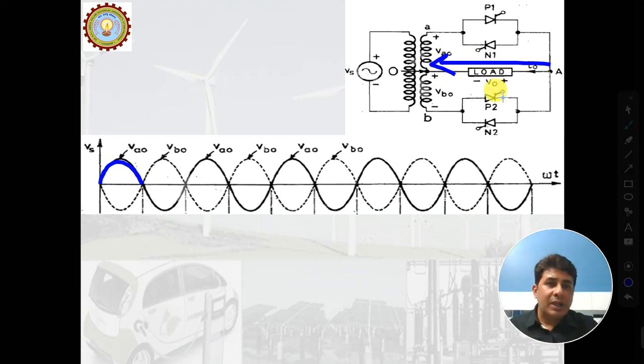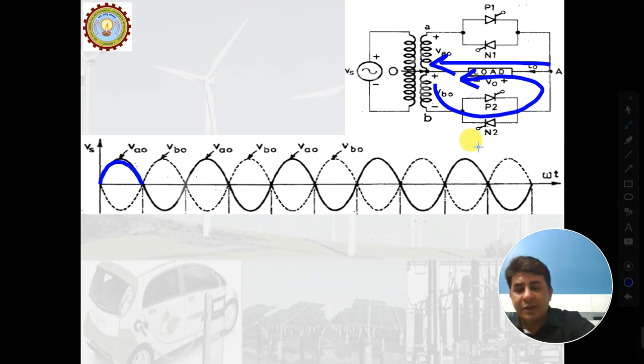Now suppose in the negative half, from the upper group N1 will be forward biased, and from the lower group P2 will be forward biased. If in this second half of the supply I fire P2 at 0 degree, then what will happen? I'll get the supply again in the similar direction.